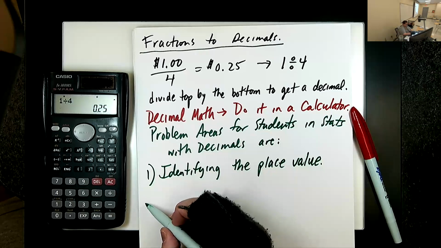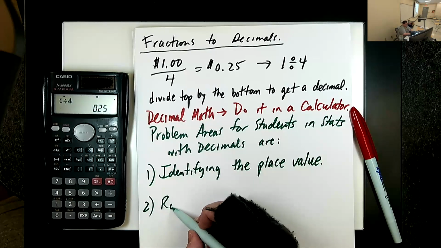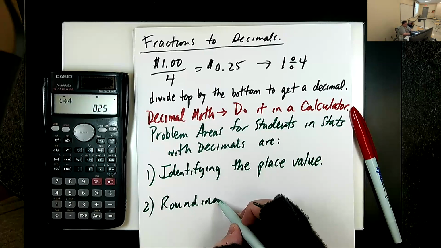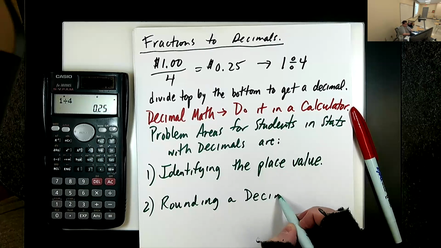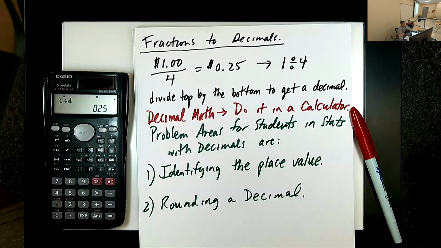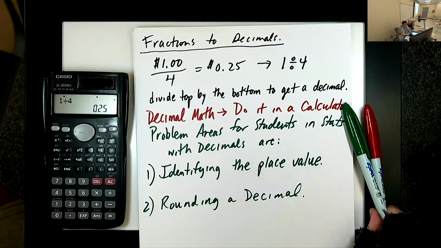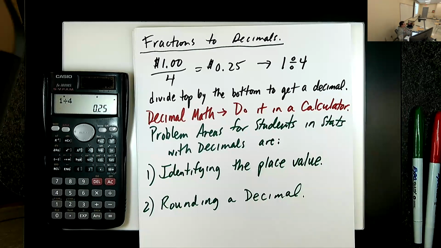And that always shows up in number 2, rounding a decimal. Those are the biggest areas where people make mistakes. And usually your math is right other than you rounding wrong. You'll go through the entire problem, you'll get the right answer, and then you'll round wrong.